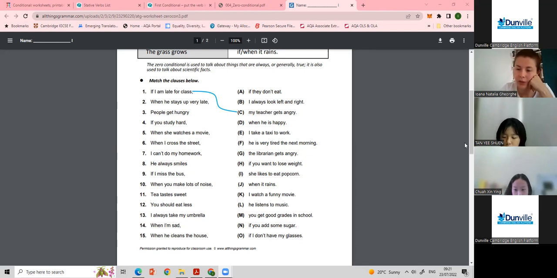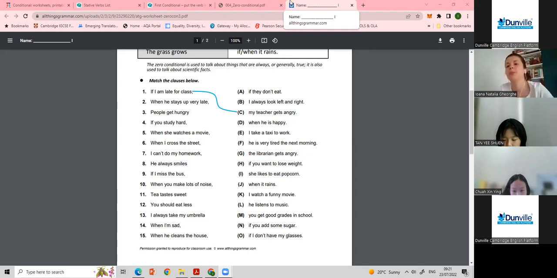Yeah, that's perfect. If you are cold, you can wear a jacket. That's it. That's perfect, Tan. If you are cold, you can wear a jacket. Singing, if you clean your car, it becomes clean.